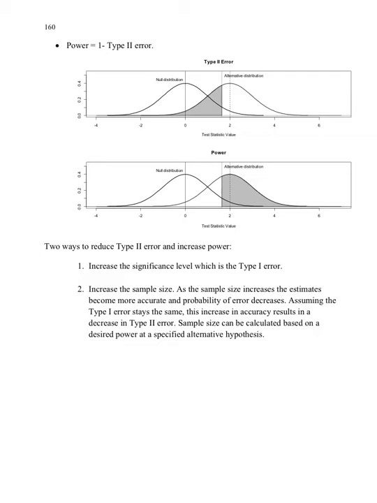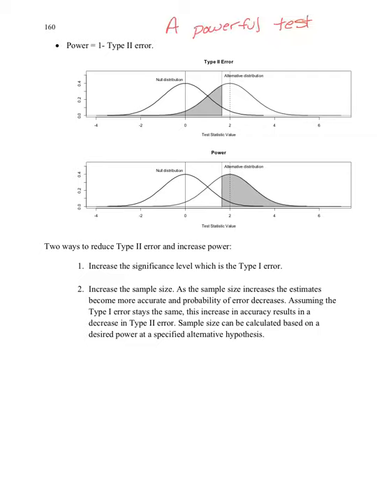So people tend to talk more about the power of a test than the type 2 error. You'll hear people ask the question, is it a powerful test? So power is very simply 1 minus the type 2 error. So if you know the type 2 error, you can get power, and vice versa. Power is not giving us additional information beyond what we would have with the type 2 error.